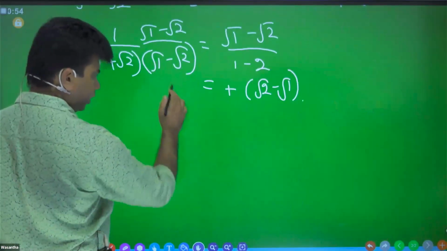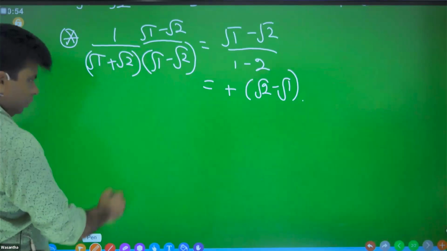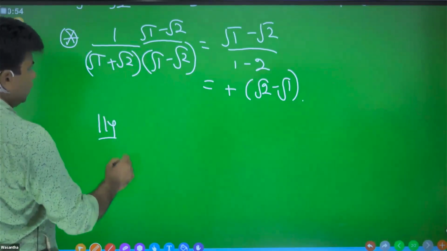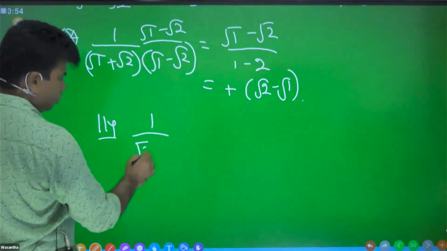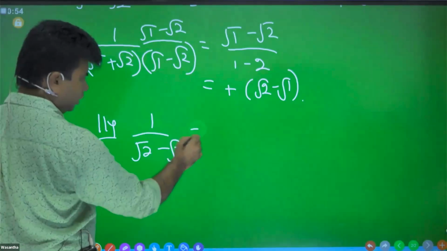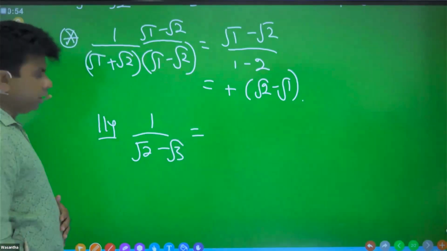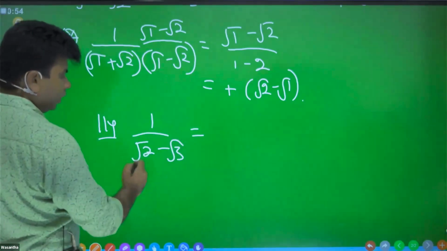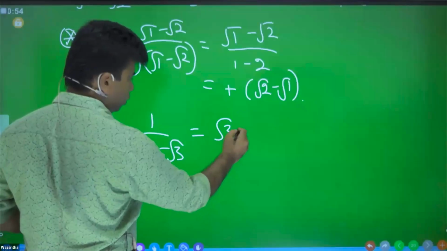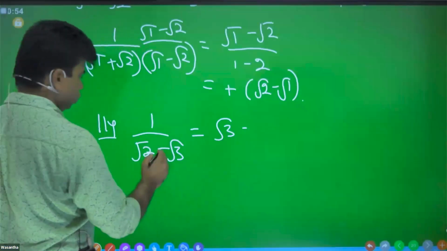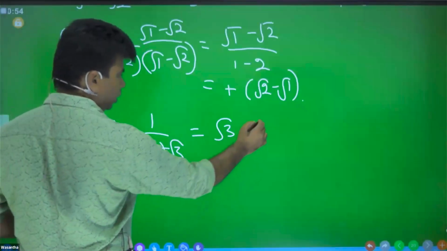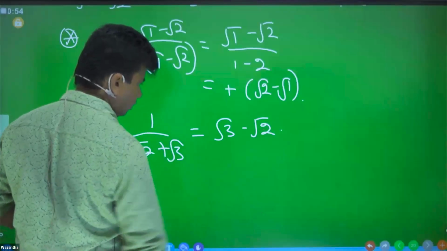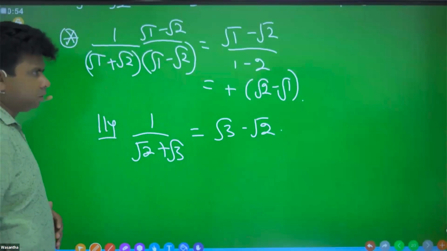Similarly, clear, right? Then can you tell me what is here? Root 2 minus root 3, right? 1 over root 2 plus root 3 means root 3 minus root 2, okay?